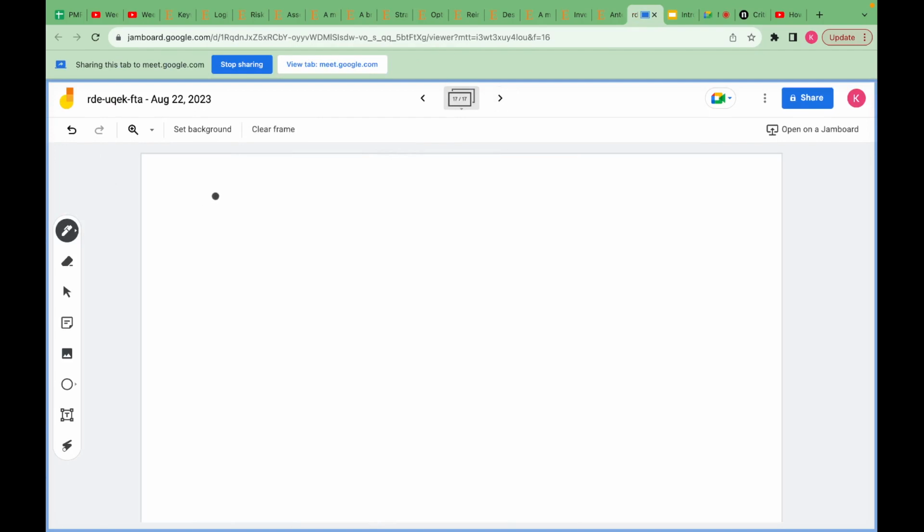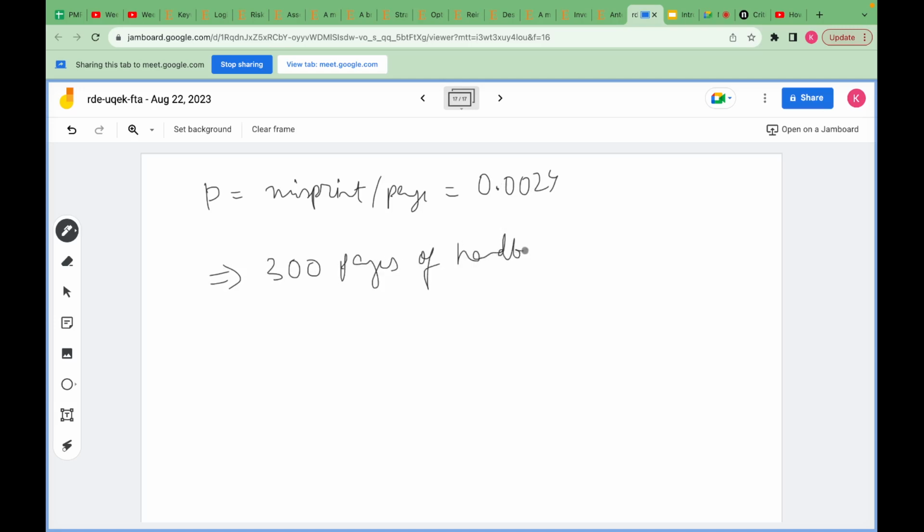The probability of misprint per page is 0.0024, and we are asked that in 300 pages of handbook, the third misprint will occur after the 100th page.